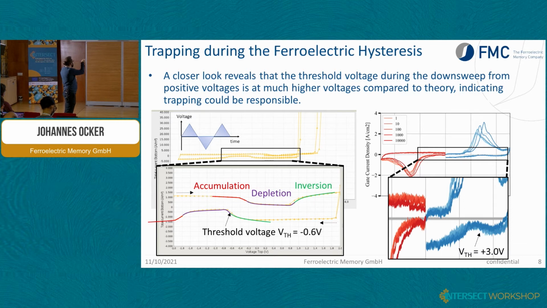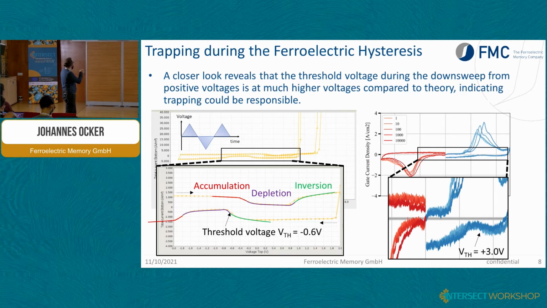What we usually plot for a FeFET memory cell is just the point where we go from depletion into inversion, and this is the threshold voltage. So if we go from negative to positive, we see that we get around 1 volt. We get the high VT, we call that. This is the threshold voltage of the high conductive state.